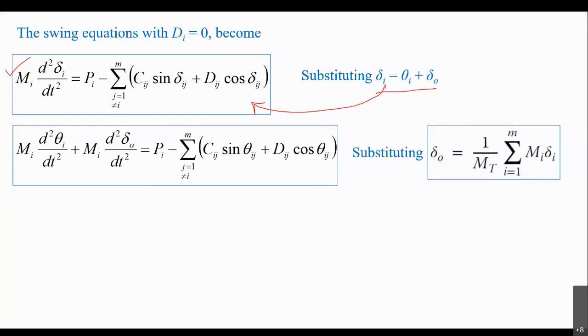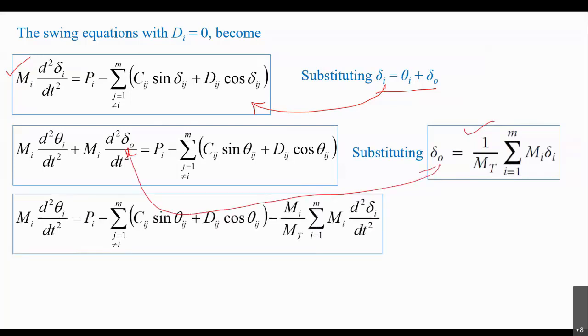Then substituting delta naught, we know this is 1 by MT, summation of multiplication of Mi and delta i. Substituting this in this equation in case of delta naught, we'll get this term.